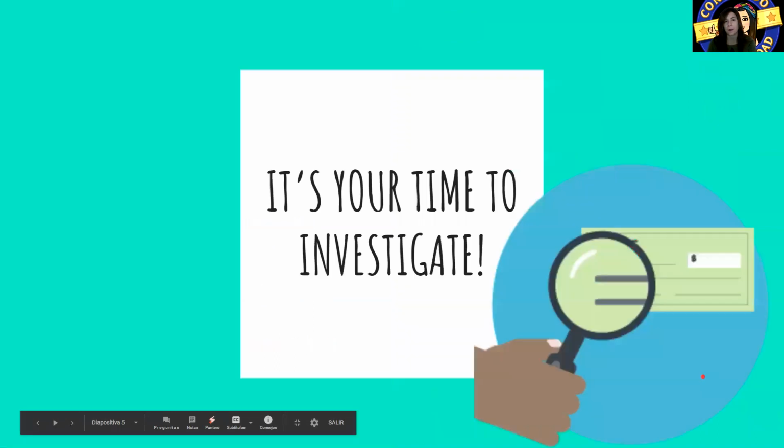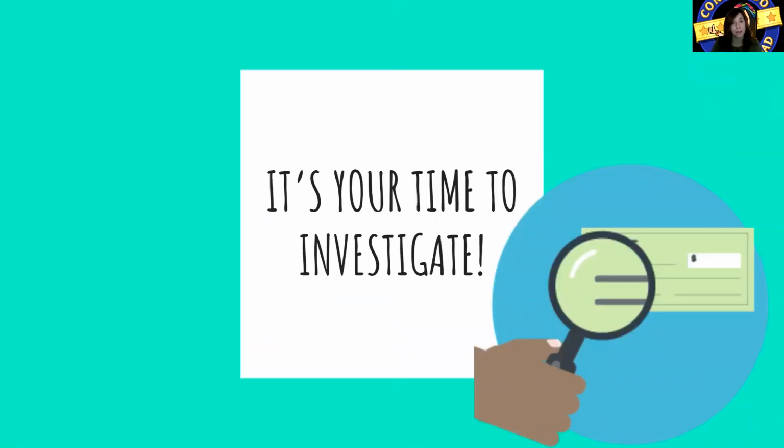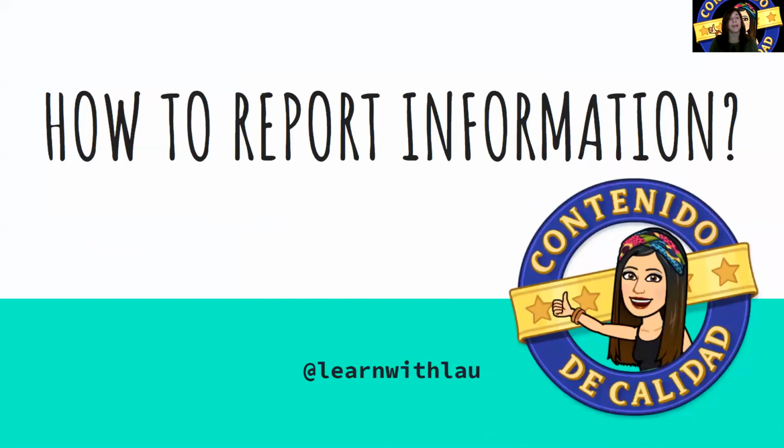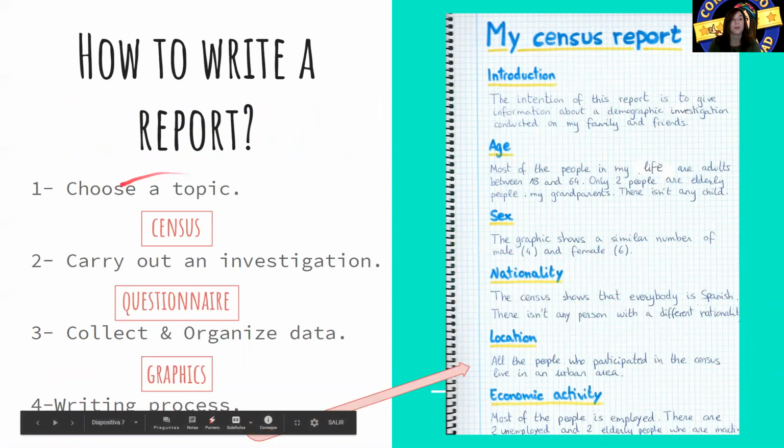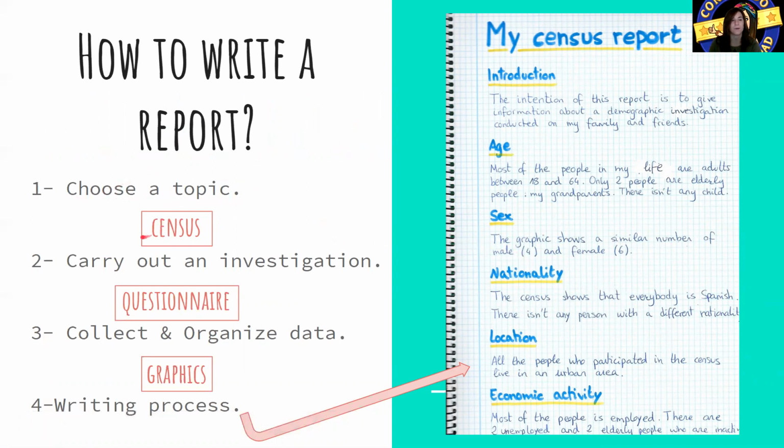All right. So after reviewing this, we're going to continue with your investigation. And today we're going to learn how to write a report to give information on the census. So how to report information. To write a report, first we need to choose a topic, which in this case is the census.